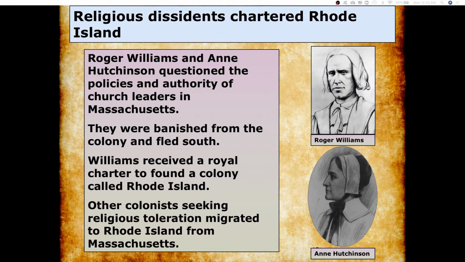These guys are going to be totally different with their religious views and how they establish their political structure to reflect that. So Rhode Island is going to be your safe haven in New England if you want to practice true religious freedom. So that's kind of an interesting twist, right? I mean, that's Rhode Island for you guys.